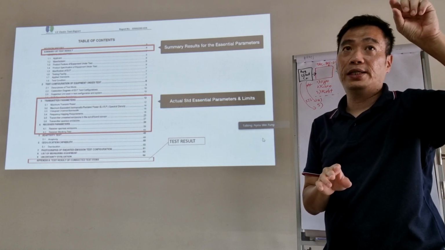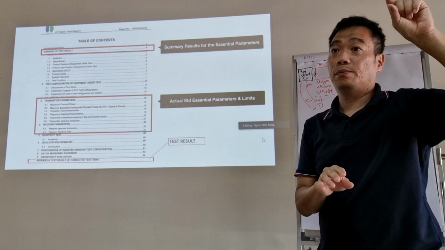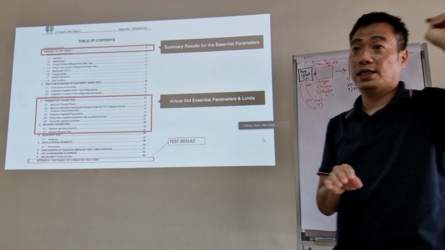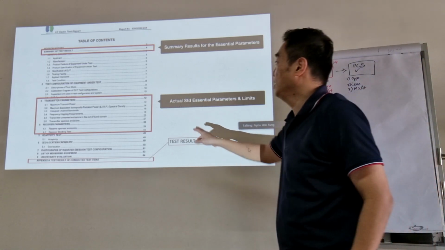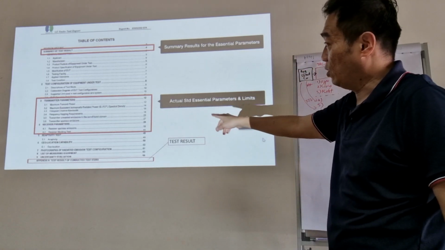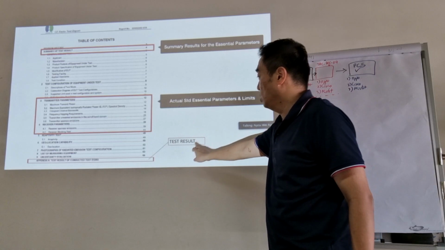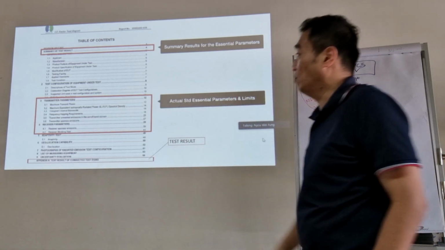But sometimes the error is usually small, and we can accept. That one again, check according to the situation. So for the transmitter parameters, you check transmitter versus receiver, and finally, this is the test result.